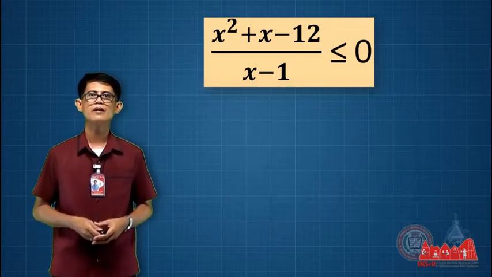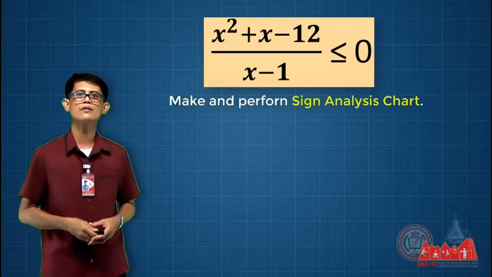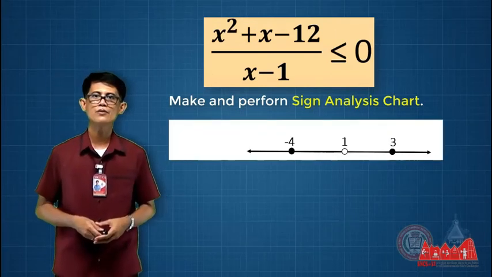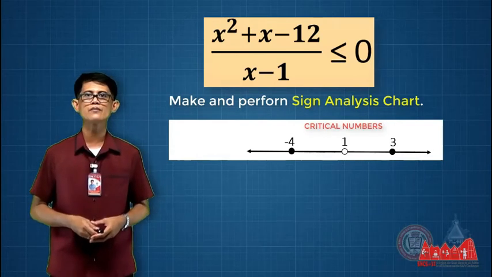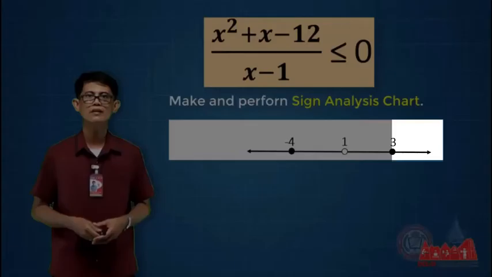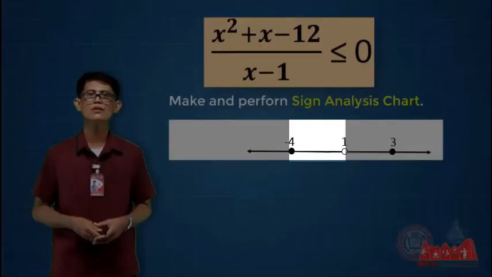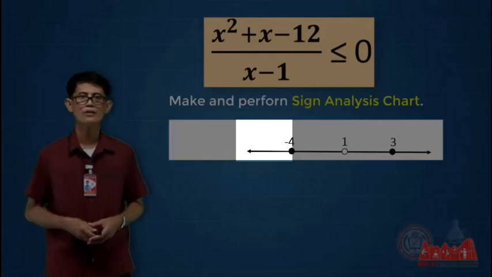Step 3. Make and perform a sign analysis chart or table of signs. We first lay down our number line with the corresponding critical numbers, negative 4, 1, and 3. Looking at our critical numbers, we have 4 intervals: values greater than 3, values between 1 and 3, values between negative 4 and 1, and values less than negative 4.